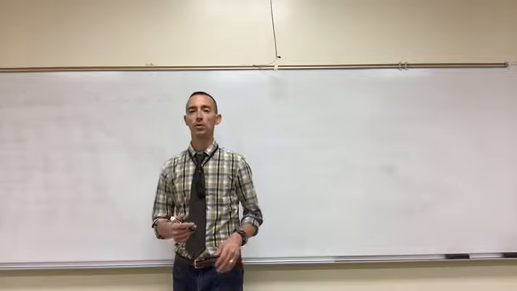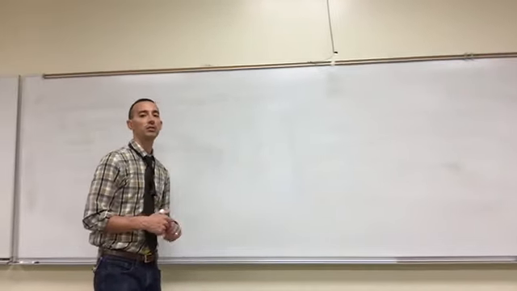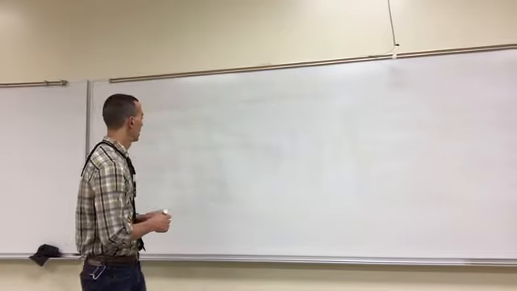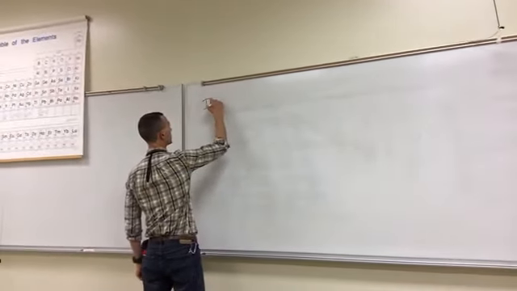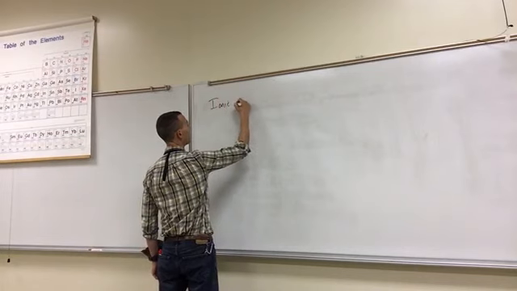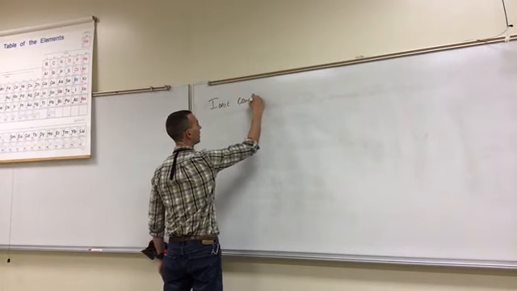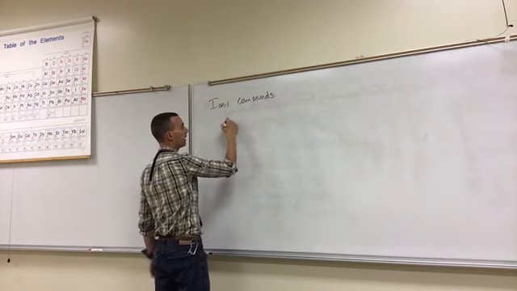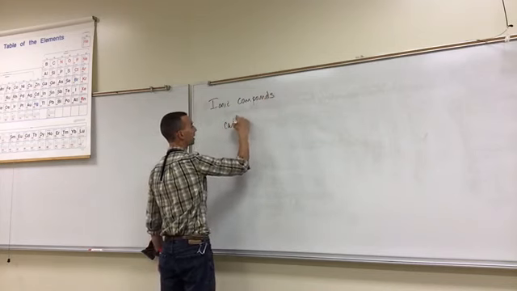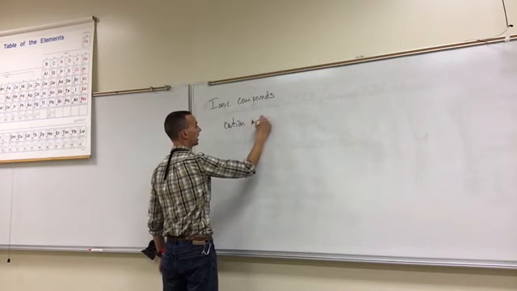So real quick, just so we're all on the same page, the last thing that we talked about in lecture on Friday was the systematic way that we name ionic compounds. All ionic compounds consist of a cation and an anion.